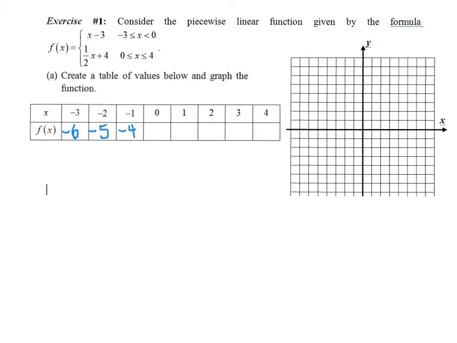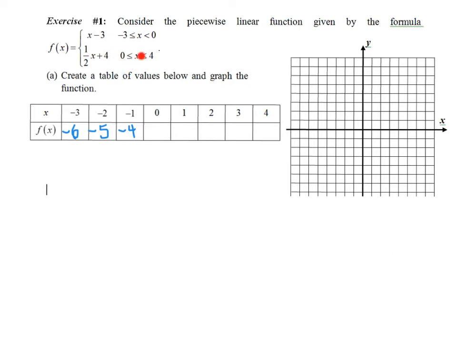Now, when we get to the value of 0 for an input, we see that 0 is actually part of both definitions. So how will we know which one to use? It depends on the inequality sign that is given. This part denotes that x is used for all values up to 0 but not including 0.